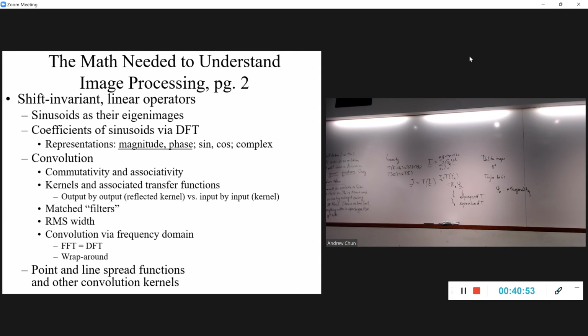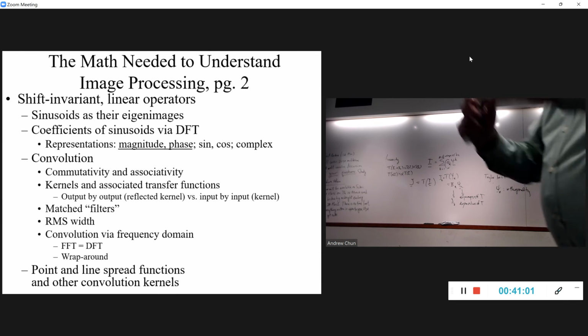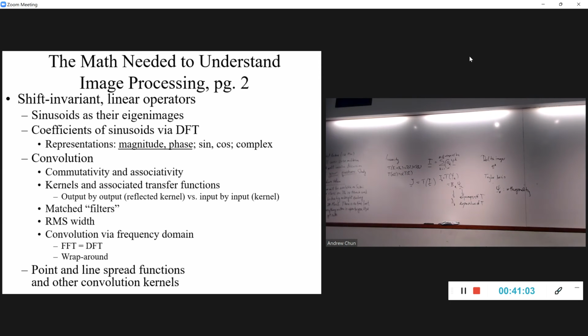These effects of replacing the image intensity by the image intensity times the kernel centered at that pixel.